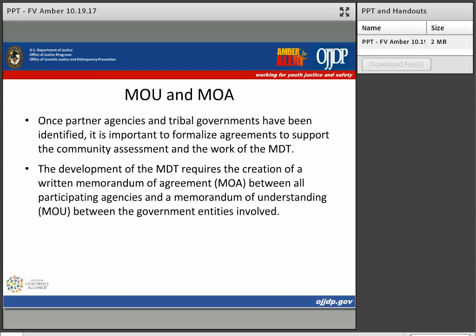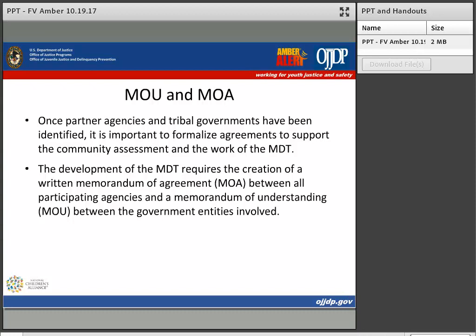I spoke briefly about MOUs and MOAs. Once you have these partner agencies and you identify who's going to be brought to the table, you've got to formalize agreements. One of the challenges, and I know that a lot of you would echo this, one of the greatest challenges that we face is sustainability.